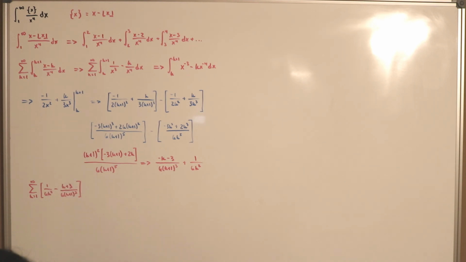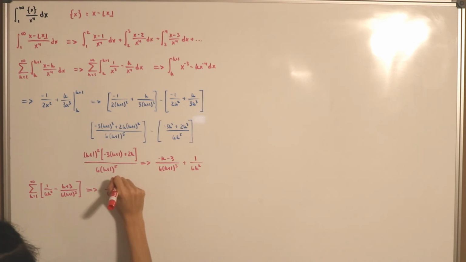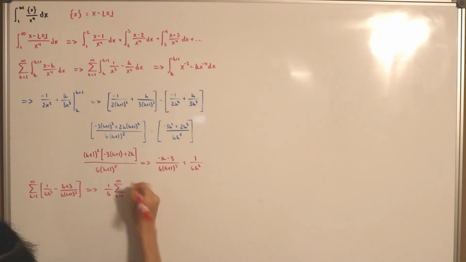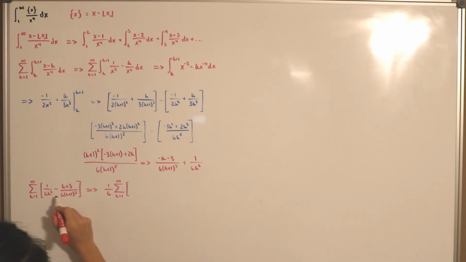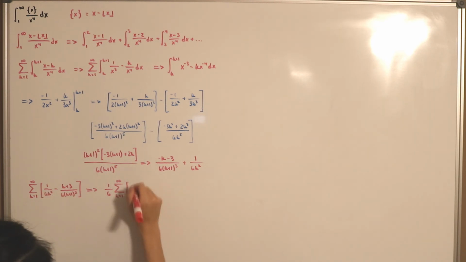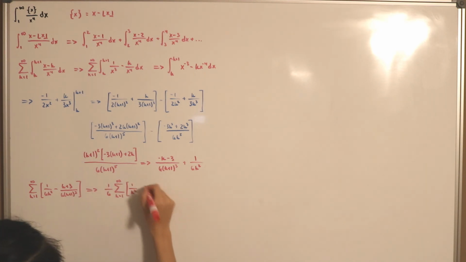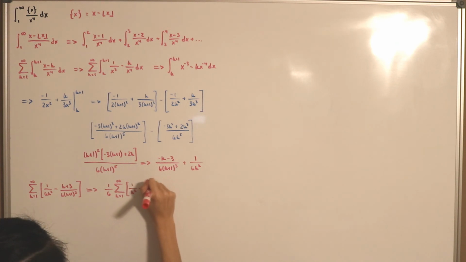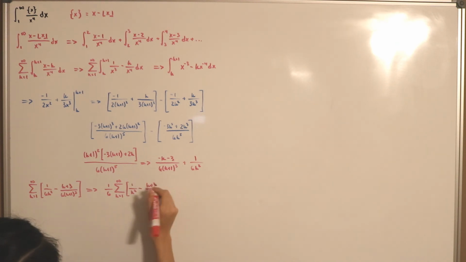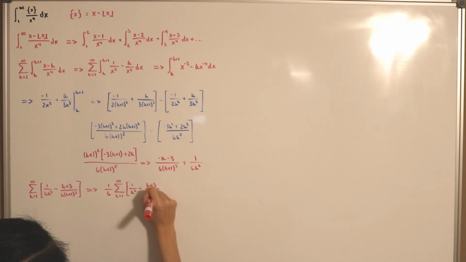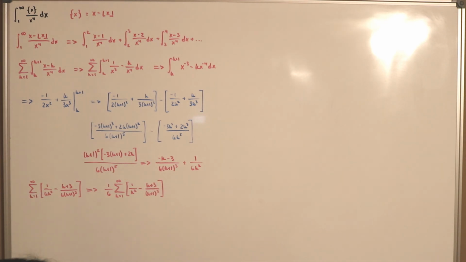Okay, and then I can factor out a 1 over 6. So this is 1 over 6 multiplied by the summation, k is equal to 1, of 1 over k squared, and then minus k plus 3 divided by k plus 1 cubed. Okay, so far so good.